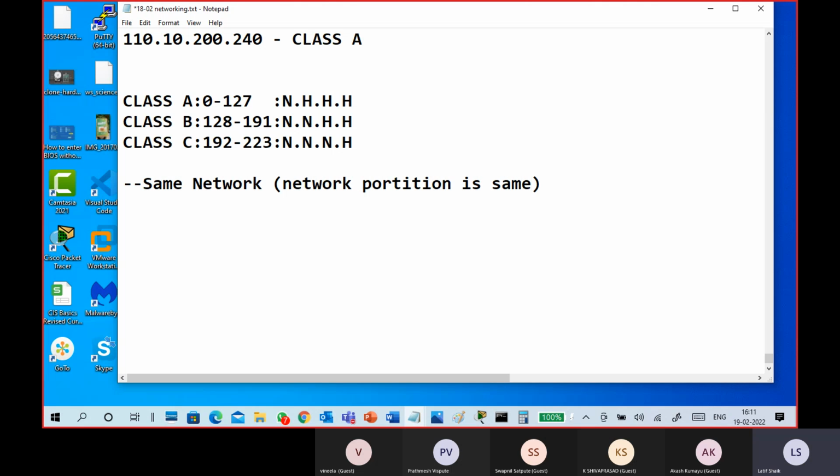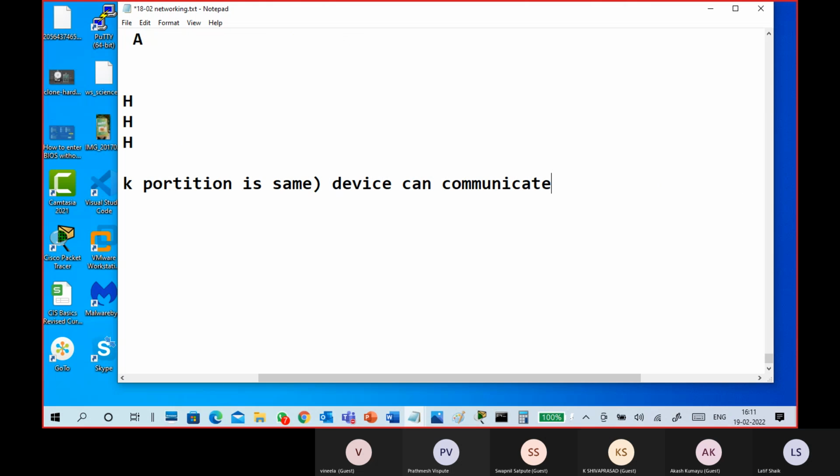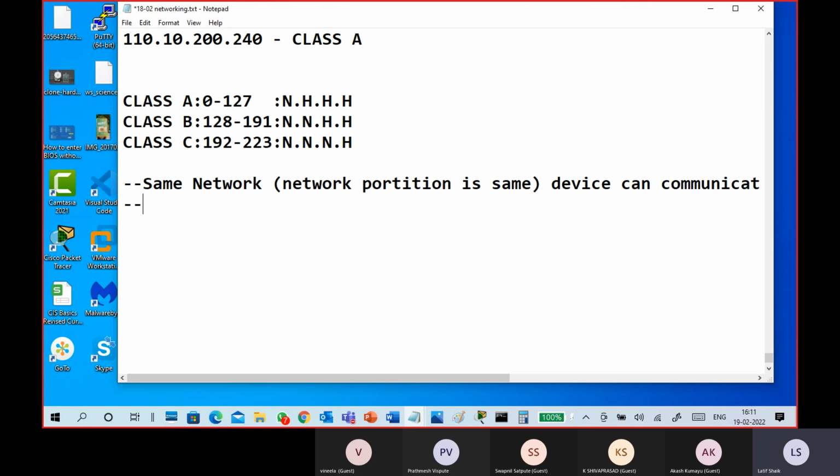Network portion is same, so devices communicate. The same thing: I have a PCA and a PCB, both having an IP address.